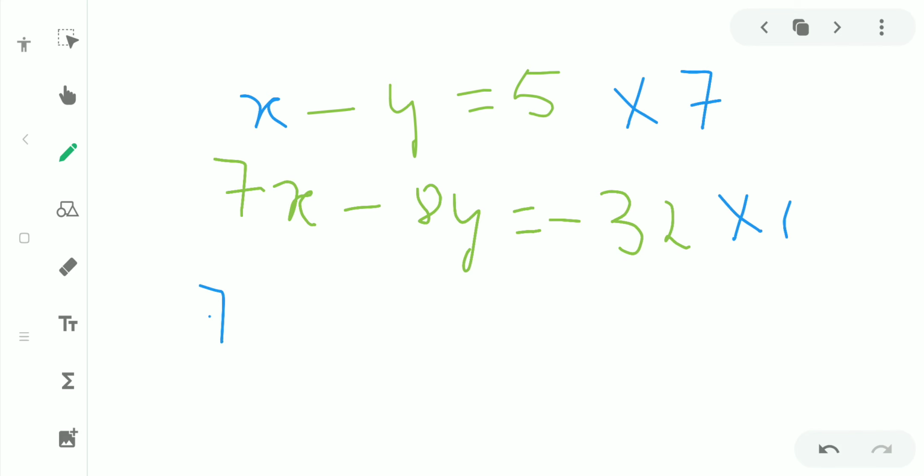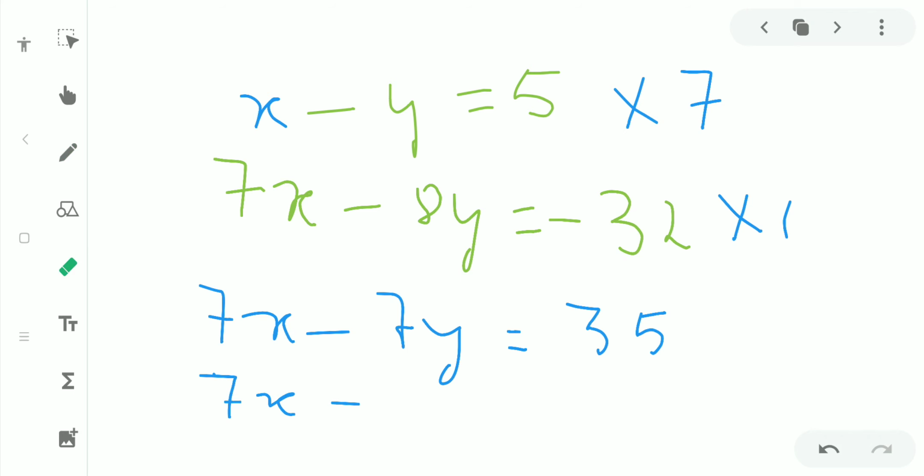So 7x minus 7y is equal to 7 times 5, which is 35. And here also we are getting 7x minus 8y is equal to 32 into 1, nothing but minus 32 only.